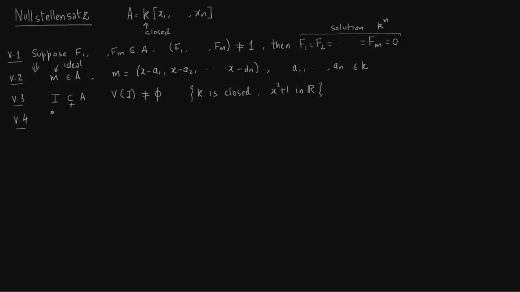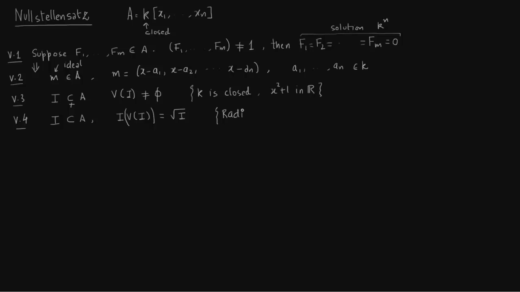So version 4 is the most often quoted one. Let I be an ideal in this ring A. Then you have this correspondence: I, the ideal of the vanishing set of I, is equal to the radical of I. If you do not know what a radical ideal is, then you should stop here, see the definition in Wikipedia, and come back.